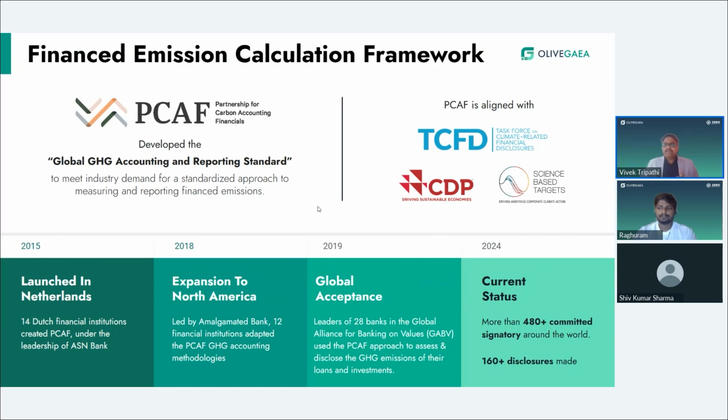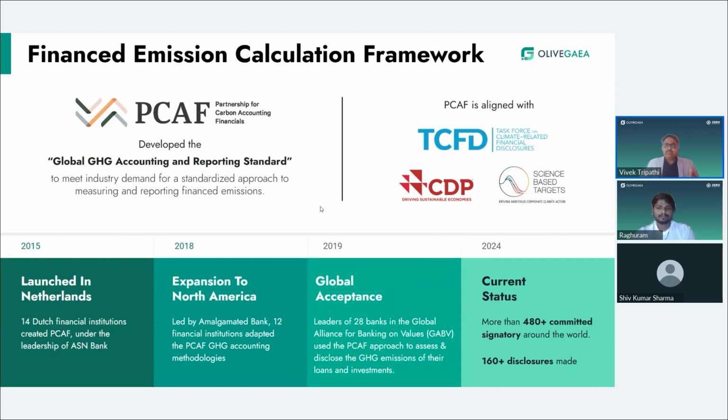At the moment, there is a certain set of assets that are being precisely captured by PCAF, and we'll see that later. But there are a few more types of assets which PCAF is further working on and developing. PCAF launched in 2015, and by 2019, 28 global banks had already participated and started reporting their numbers.